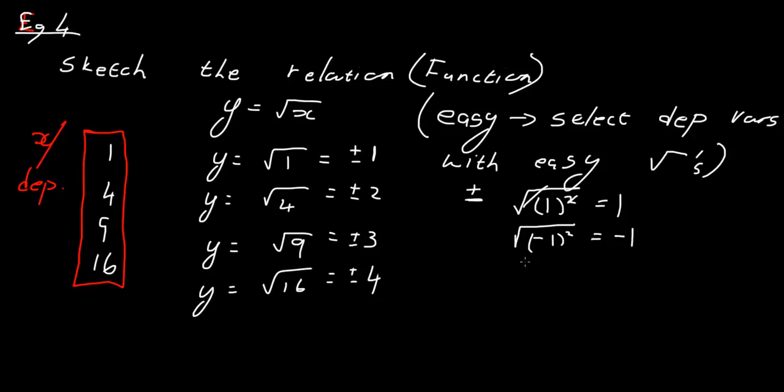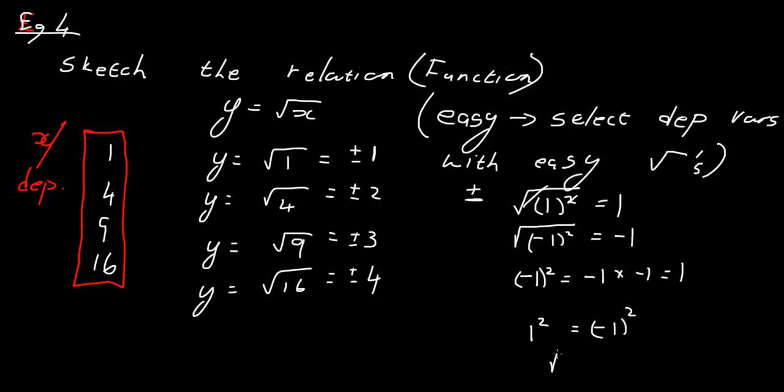But do you agree that negative 1 squared is equal to minus 1 times minus 1, which is equal to 1? So these two brackets, 1 squared is equal to negative 1 squared.